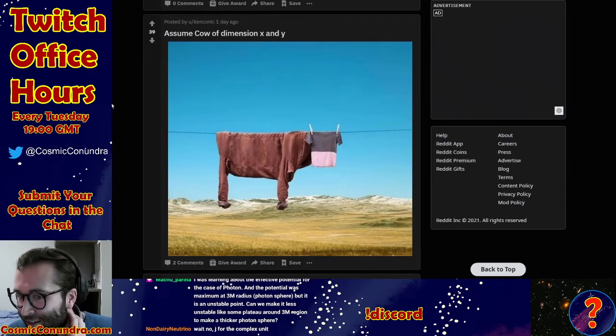You were learning about the effective potential for the case of a photon, and the potential was maximum at 3m radius photon sphere, but is an unstable point. Can we make it less unstable, like some plateau around the 3m region, to just make a thicker photon sphere? So do you mean, however you find this effective potential in general relativity, it has a stationary point that is an unstable maxima at some radius outside of the usual circular, or is it in?